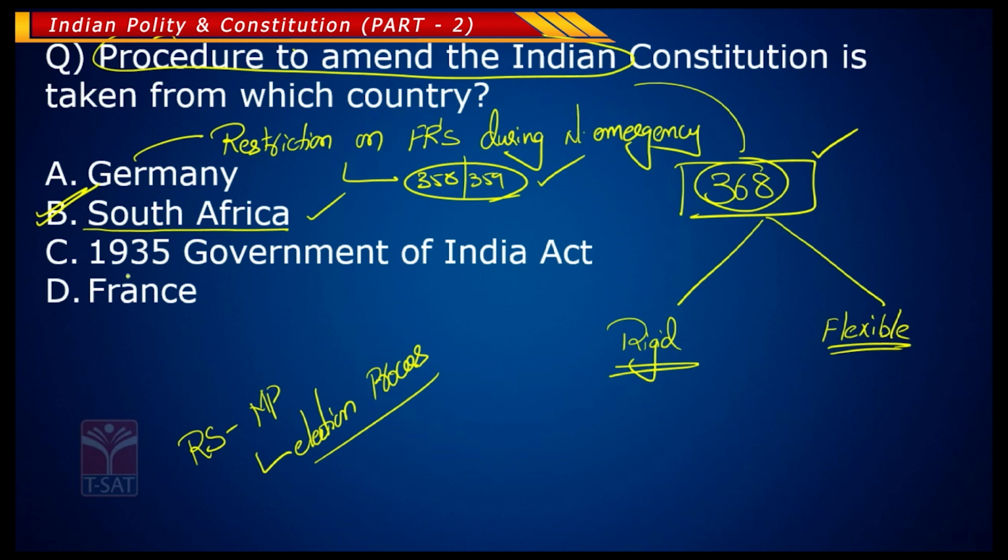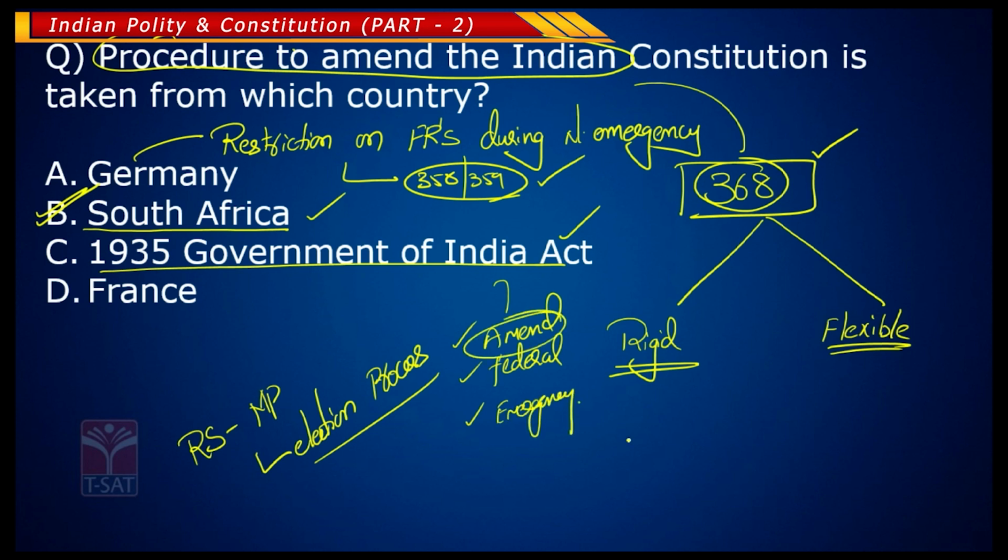Now, from the 1935 Government of India Act, we have taken many things. Federal scheme we have taken. We have taken emergency provisions. I am also talking about legal words, terminologies. Okay, France.